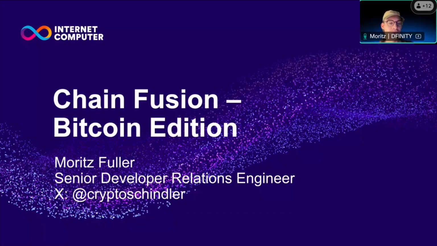And that means that I want to focus on how you as a developer can leverage the Internet Computer to build smart contracts that are able to interact with the Bitcoin network, and how smart contracts on the Internet Computer are able to natively hold Bitcoin and other assets that are controlled through ECDSA key pairs or signatures.